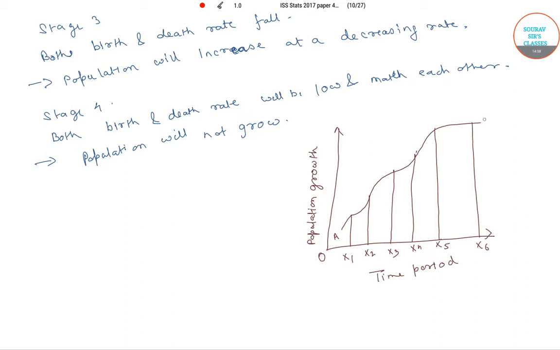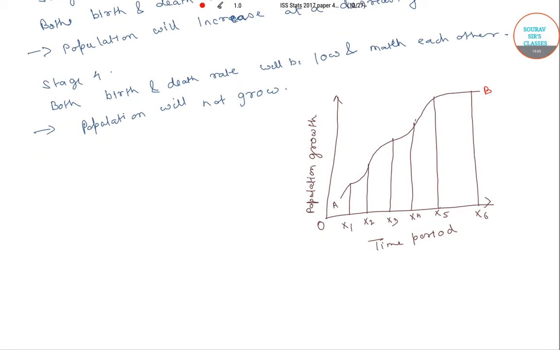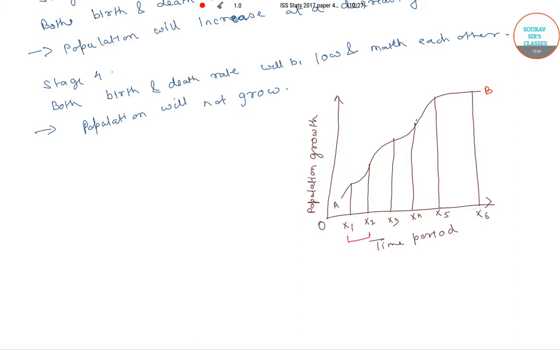As we can see, this A to B is the logistic curve, which shows that between the time periods x1 to x2 and x3 to x4, the increase in population is slow.